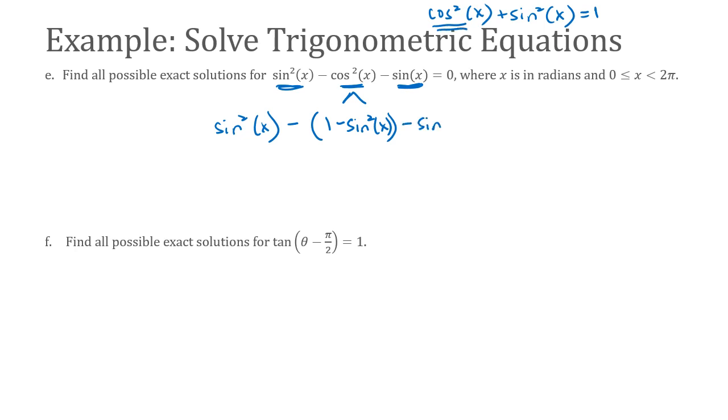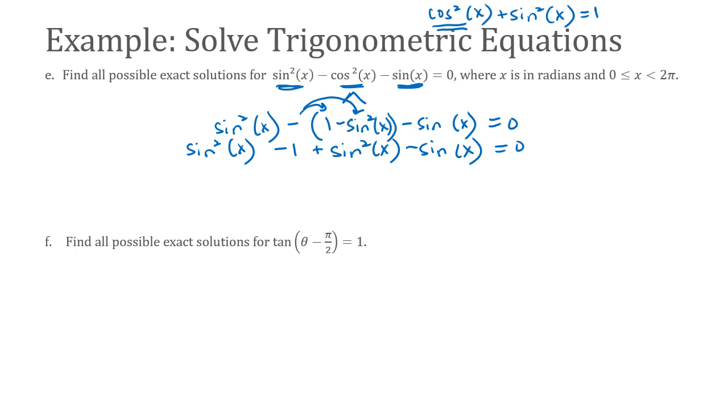Now that looks super ugly, but let's simplify it, and I think it'll end up looking pretty good. So if I distribute this -1 through, then I get sine squared x minus 1 plus sine squared x minus sine of x equals 0.